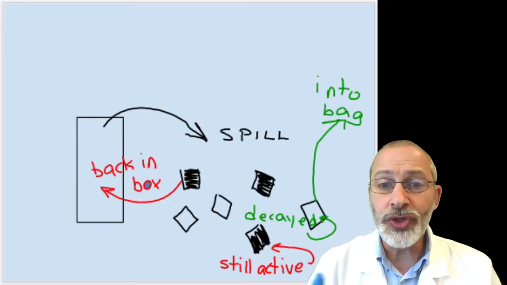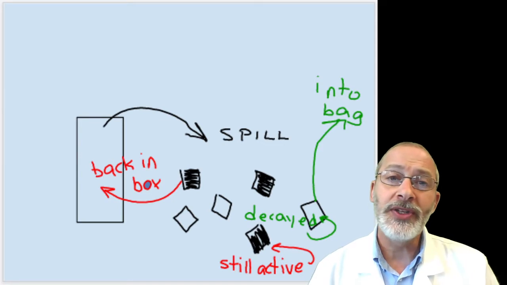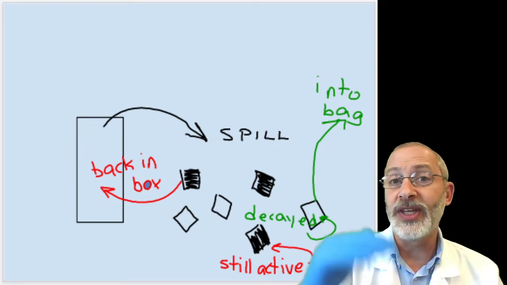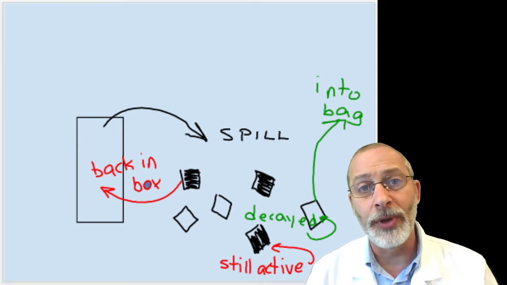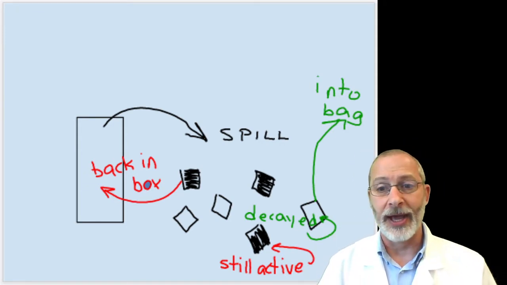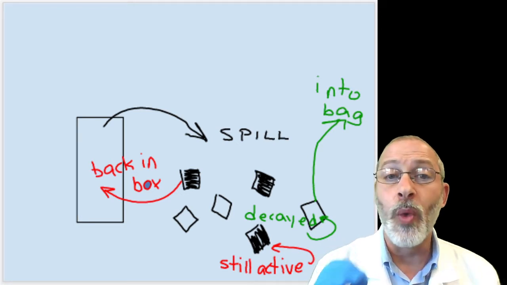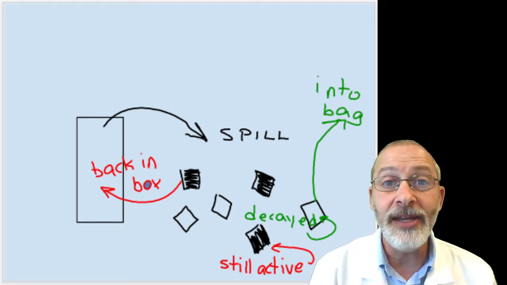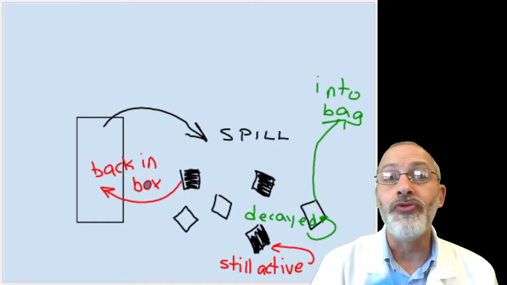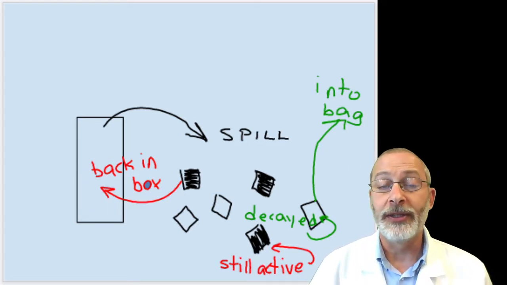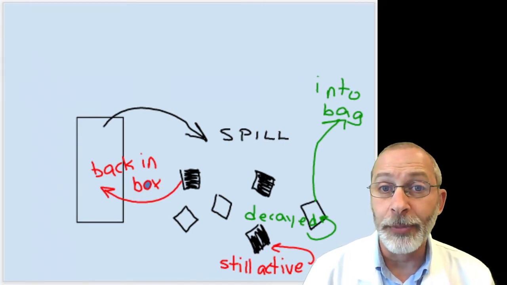And when you do so, you will notice that they're not all the same. Some are going to be facing white side up. Some of them are going to be facing black side up. The ones that have the white side up are the ones that have decayed. They're no longer radioactive and they can be removed from the protective covering of your table.